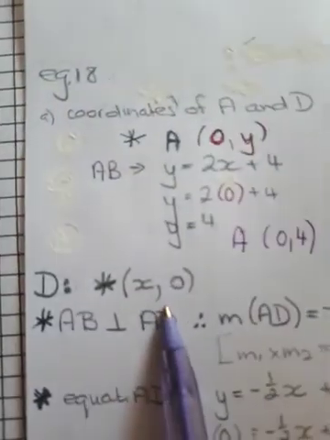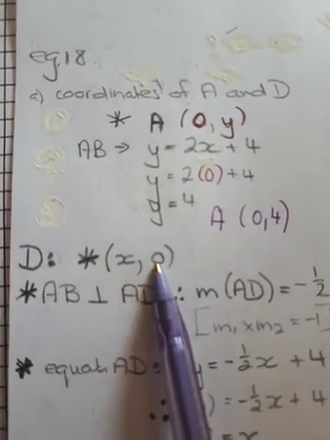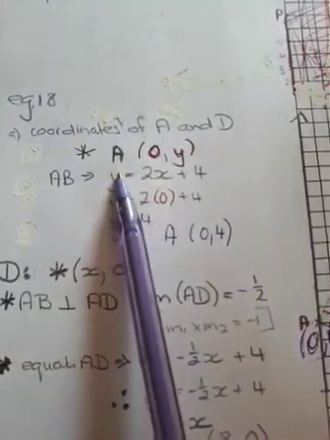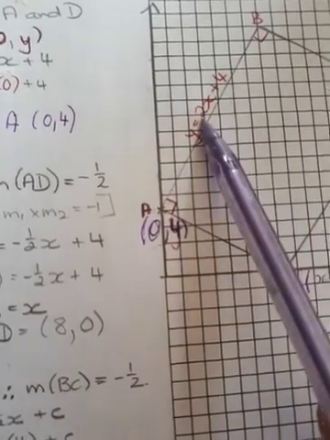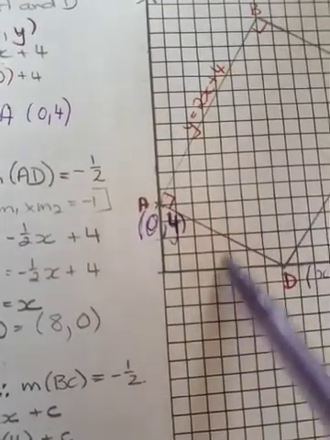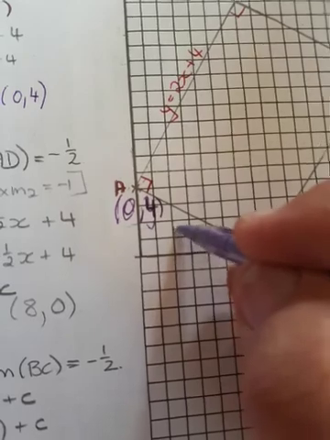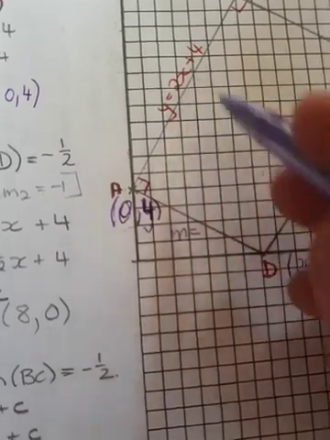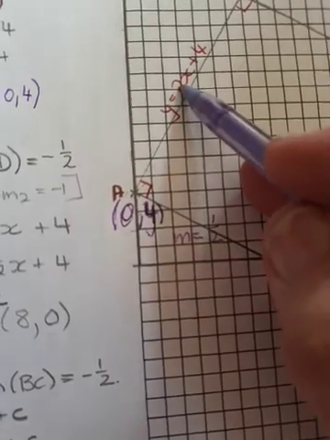But you don't have this equation, so you can't solve it as you solved A. What we do know is that AD is perpendicular to y equals 2x plus 4, which means the gradient for AD is the reciprocal of that gradient, so 1/2, with the opposite sign.